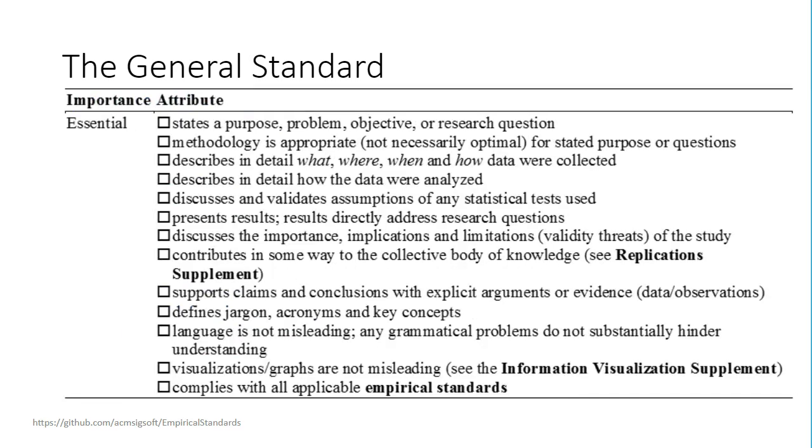Next up, we have, again, essential, desirable, and extraordinary attributes. These have to be phrased very carefully because we have so much methodological diversity in software engineering. For example, the general standard doesn't say anything about how to analyze data. Only the paper should explain how the data were analyzed.